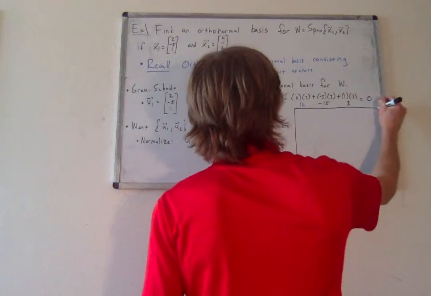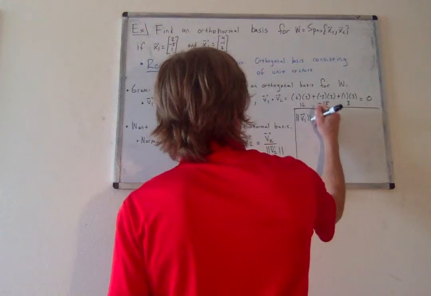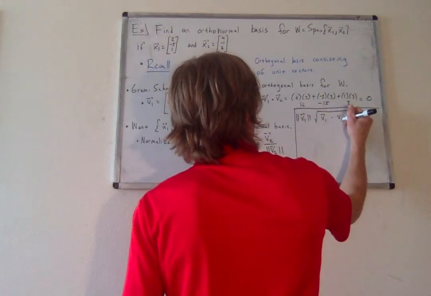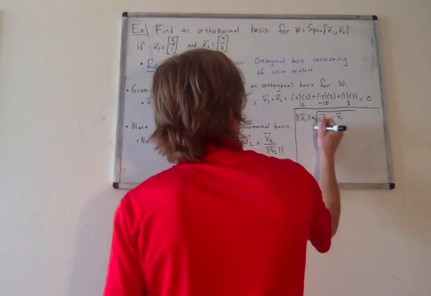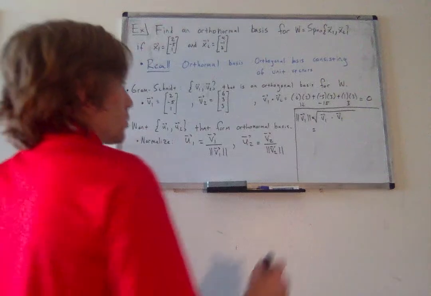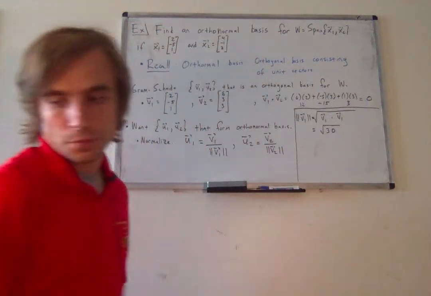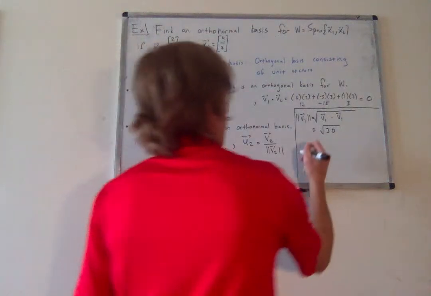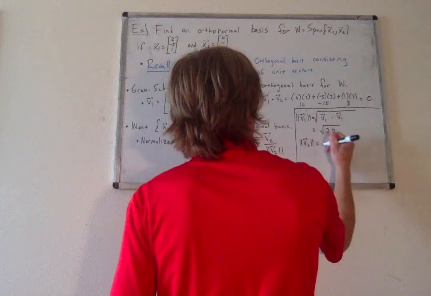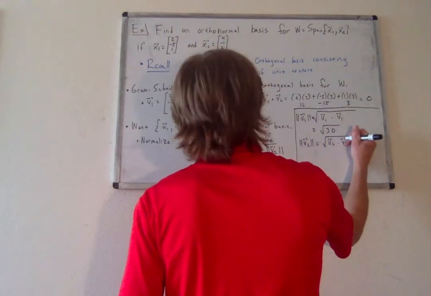So here I will calculate the norms of each of these vectors. Remember, the norm of a vector is just the square root of the dot product of the vector with itself. So for v1 dot v1, we've got the square root of 30. And the norm of v2 is the square root of v2 dot v2.